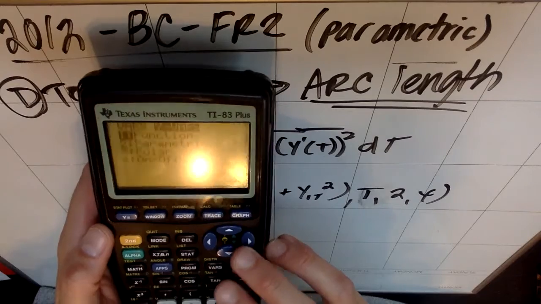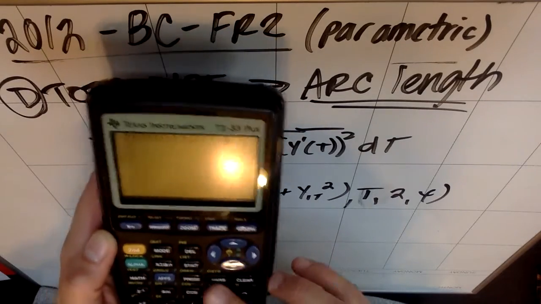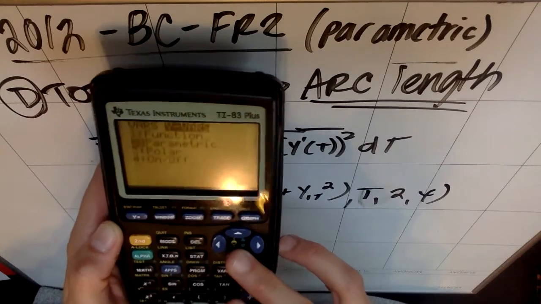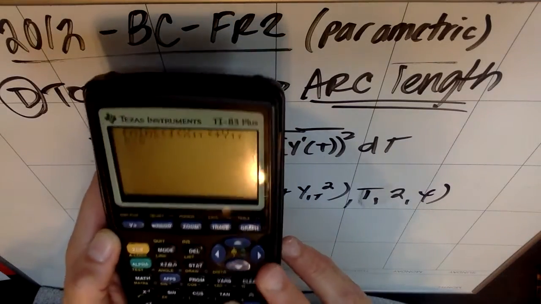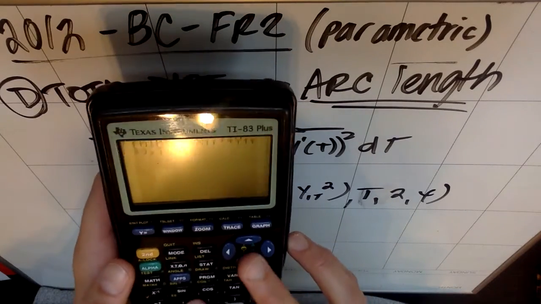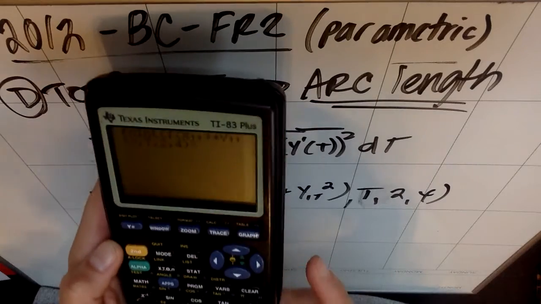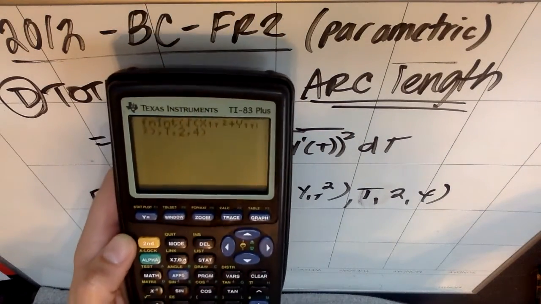I go to vars, parametric, and pick x1t, square it, plus vars, over to yvars, parametric, pick y1t squared, close the parentheses, comma, with respect to t from 2 to 4, close my parentheses, and I should get a 0.651 and some stuff. We're going to find out in a sec.